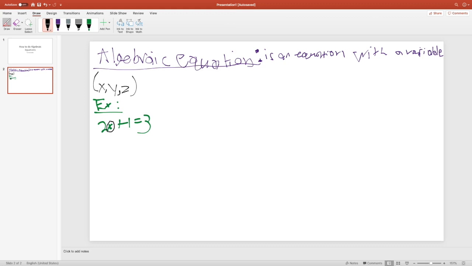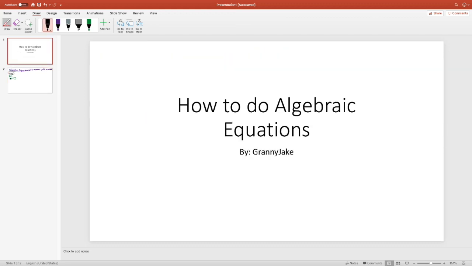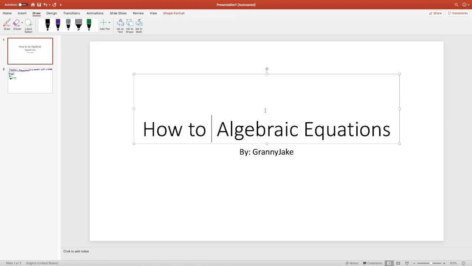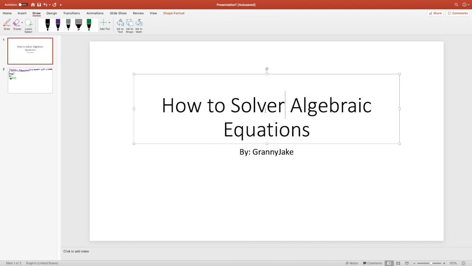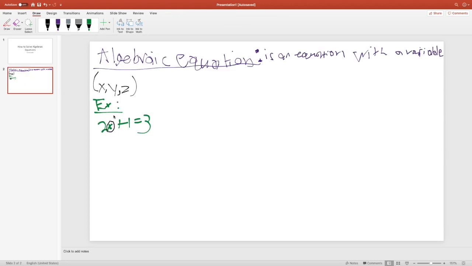As you can tell, it's x. Oh, this slide is wrong, by the way. It's supposed to be how to solve. Sorry for that. But that's an example of an algebraic equation.